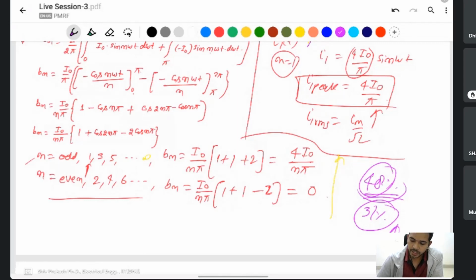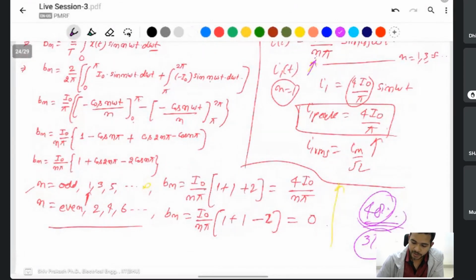Sir, here in our case, the calculated fundamental for 10 ampere Id. The peak value of Id, I0, is 10 ampere. So 4 into 10 divided by pi is equal to 12.7 ampere.